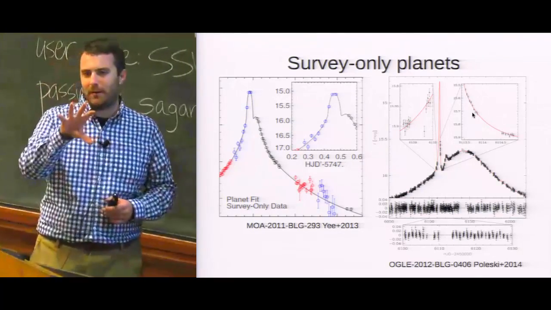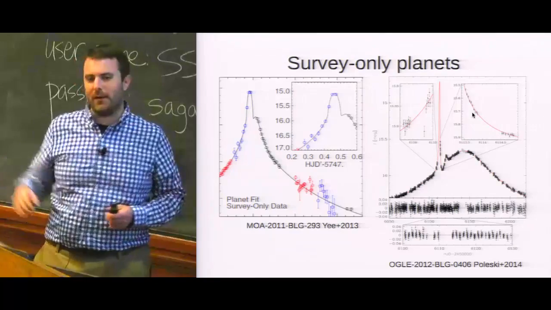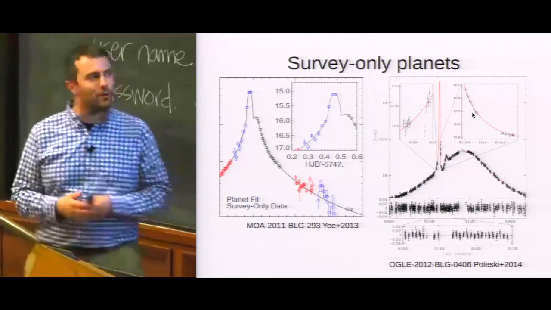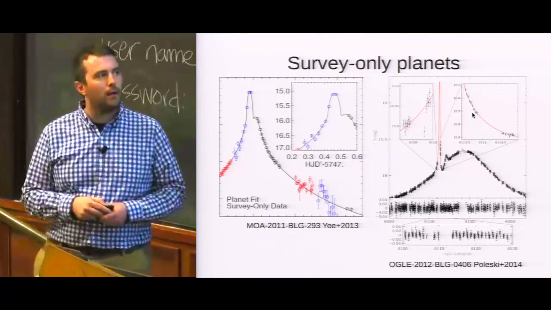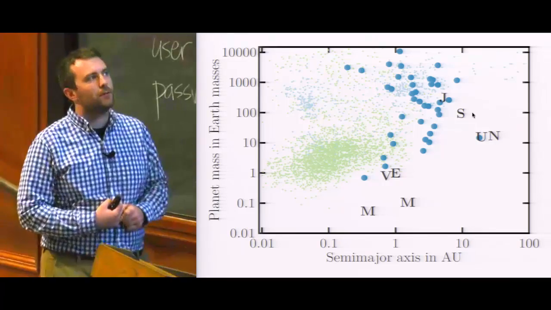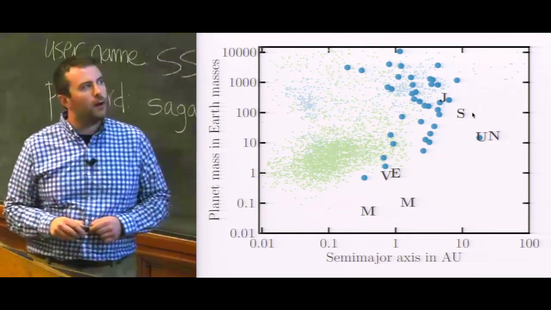Now you can just blindly search for a planet, and when they show up, you can easily add them to your sample of planets. And if there's no planet, that also is easily added to your denominator. And so this is the state of microlensing planet discoveries so far.